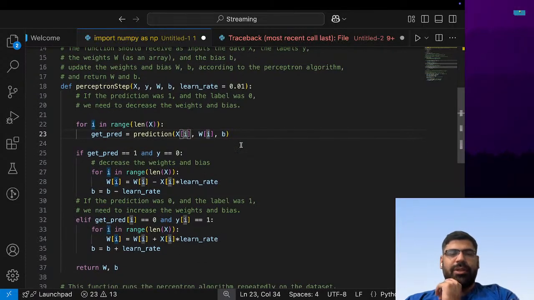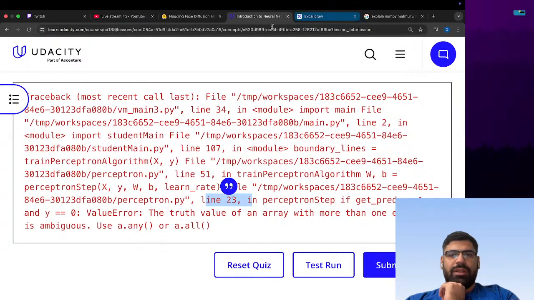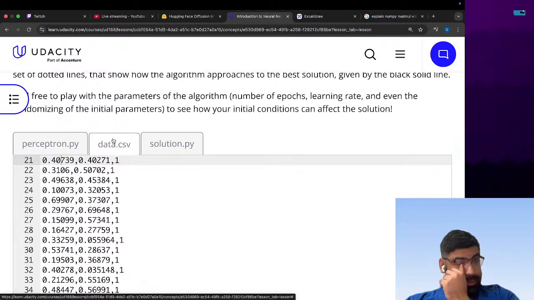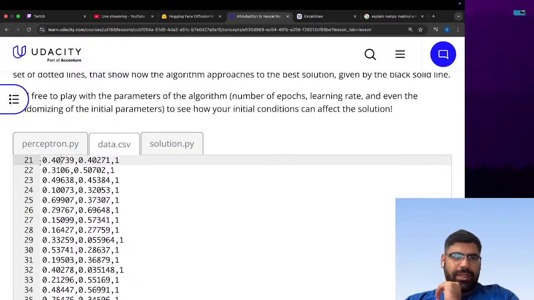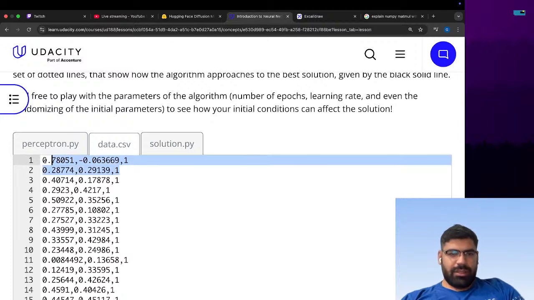We are getting 2 points, one and two. Okay, let's see the data and think about it. I'm getting X, I'm getting Y, and I'm getting these, right?